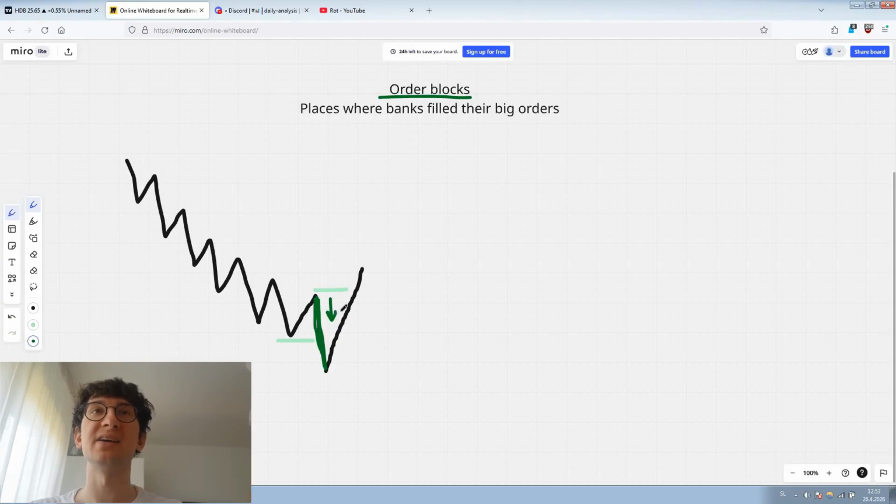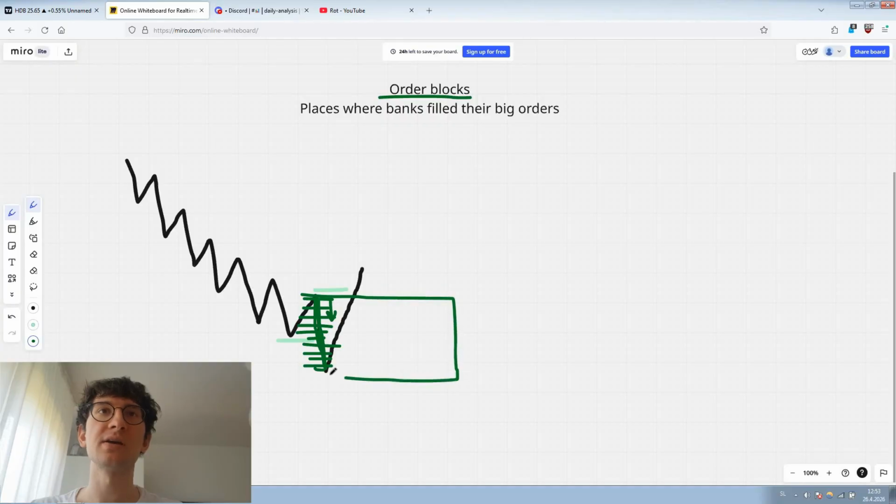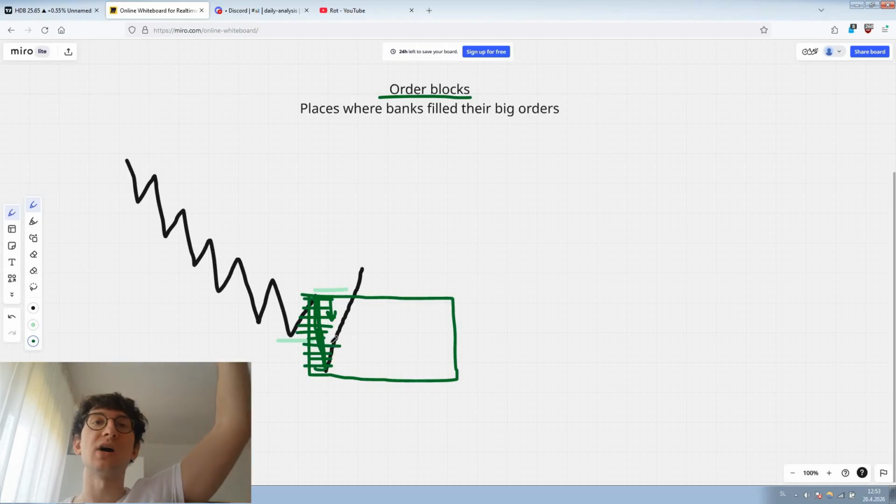They were buying everywhere. Therefore, this is called an order block, because over here they were filling a lot of orders. So this order block is then the reason that the price will explode higher.